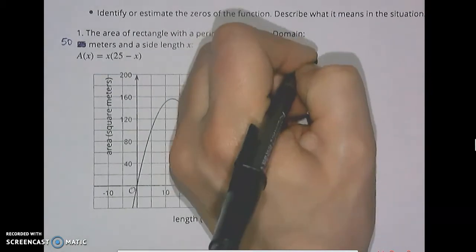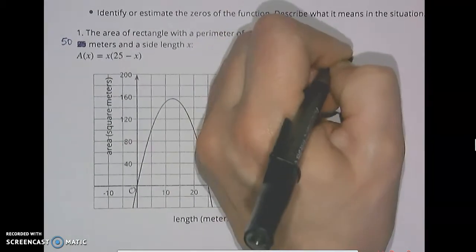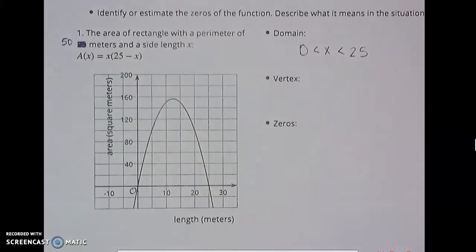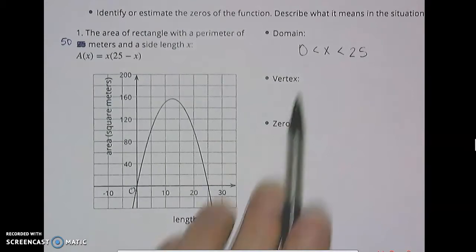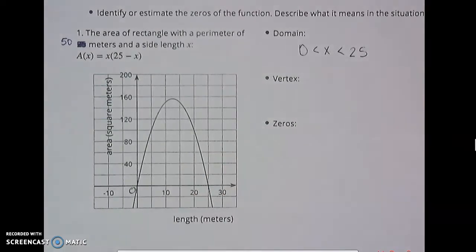So we would want a domain from 0 to 25. Now, why are we not including 0 and 25? Because those give us an area of 0, and that we don't want either. Okay, so that's why you do not need to put the equal to pieces there.